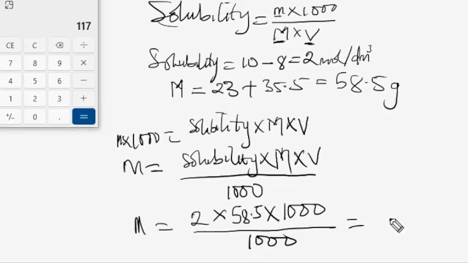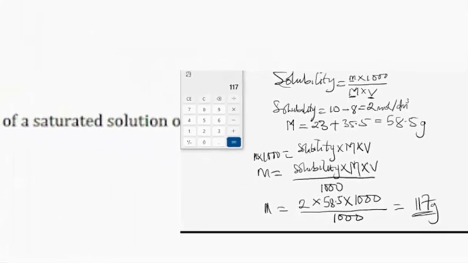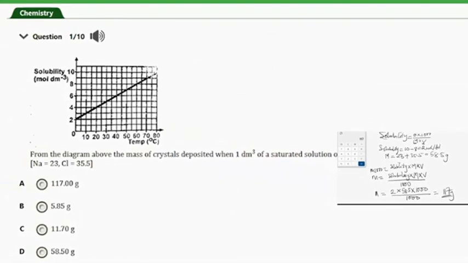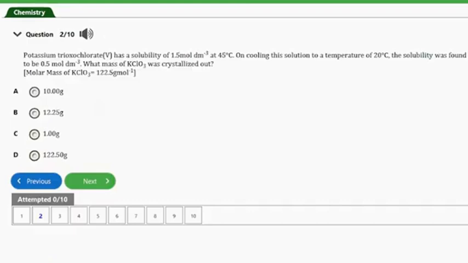So this will be 117 grams. And guys, the correct answer to this question is option A, that's 117 grams. So let's go ahead and consider the next question, and that's question number 2.